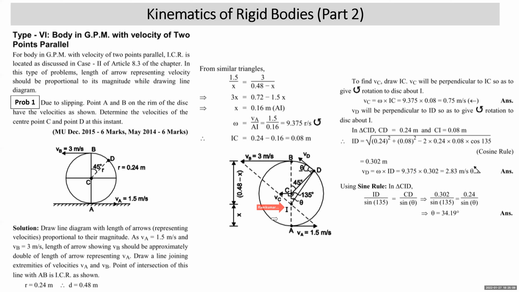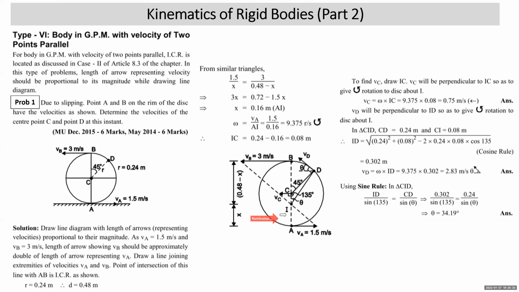Now we have got the ICR. Again, I repeat, we have drawn the arrow showing the velocity of B proportional to its magnitude, and the arrow showing the velocity of point A proportional to its magnitude. The arrow representing VB should be approximately double the arrow representing VA. Draw the line joining the extremities of the velocity vectors. Where it intersects the line joining AB is the ICR.